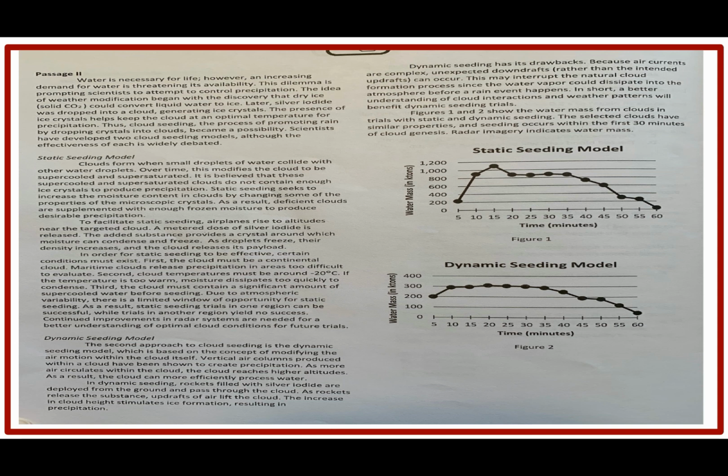You really have to look at the numbers on the left side there that represent water mass, because in the dynamic seeding model, it's only going from 0 to 400. And in the static seeding model, it's going from 0 to 1200.